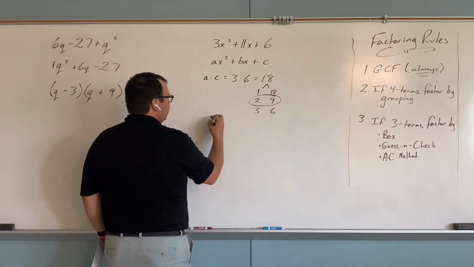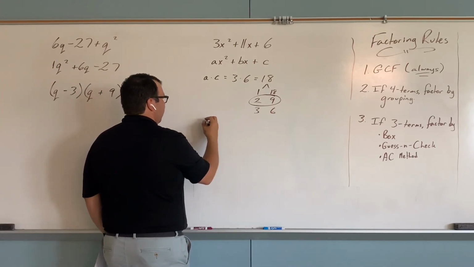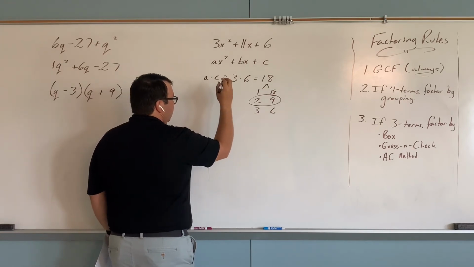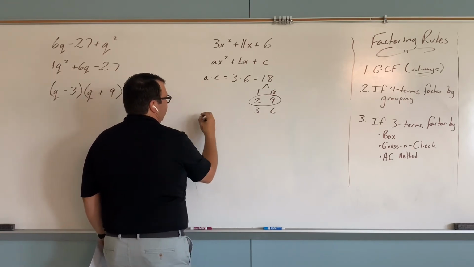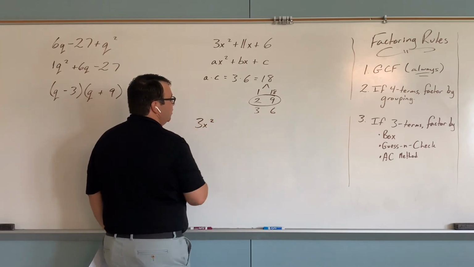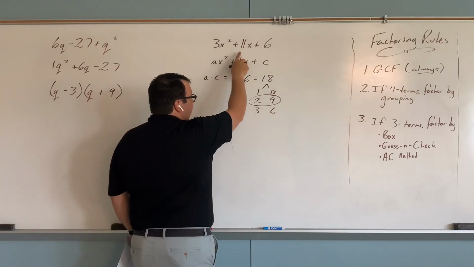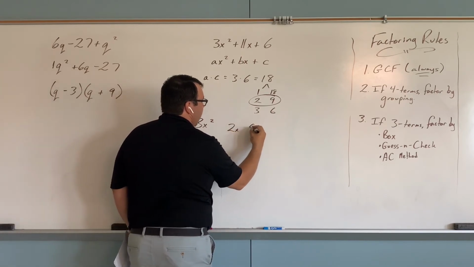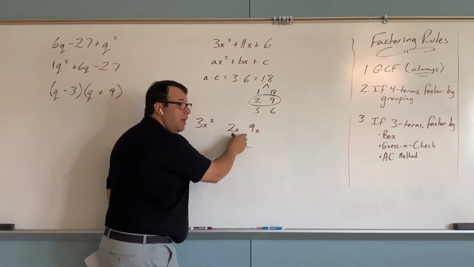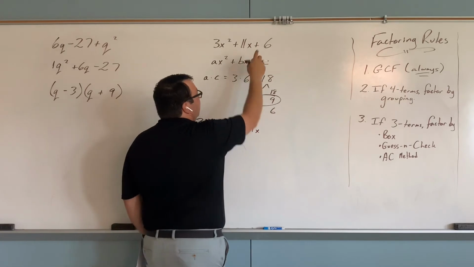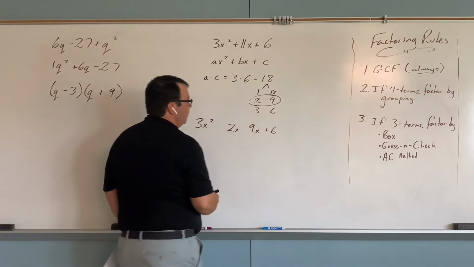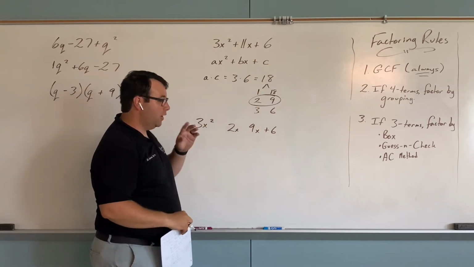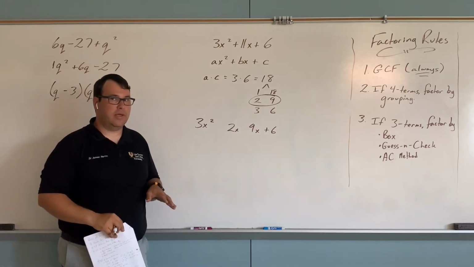All right, how does that help me? Check this out. That middle term is about to be split up. So I have 3x squared, nothing's changed there. That 11x is going to be 2x and 9x. I did not put signs yet. And then plus 6 at the end. Now, there's a very clear reason why I did not put signs.